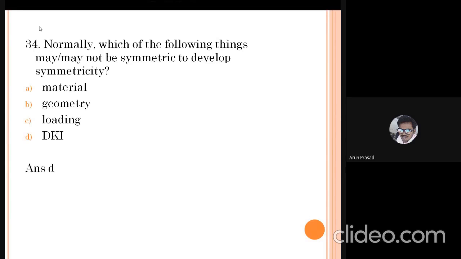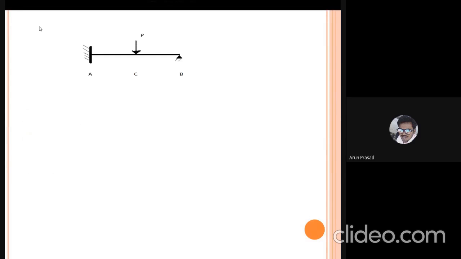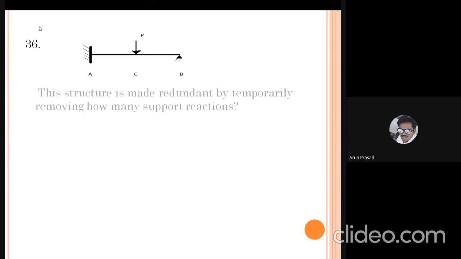Okay. So next one, we have a figure here. We'll be discussing, so this structure is made redundant by temporarily removing how many support reactions? 1, 2, 3, or 4.